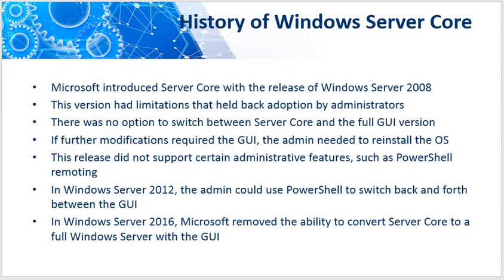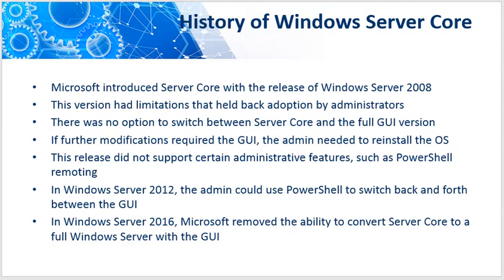And if we talk about the history, as I've discussed in the previous slides too, it was introduced in Windows Server 2008, but it had a few limitations: once the Server Core command line was installed, you could not switch to the GUI.